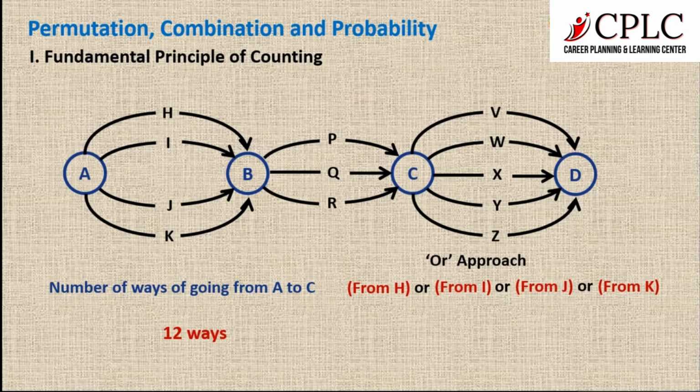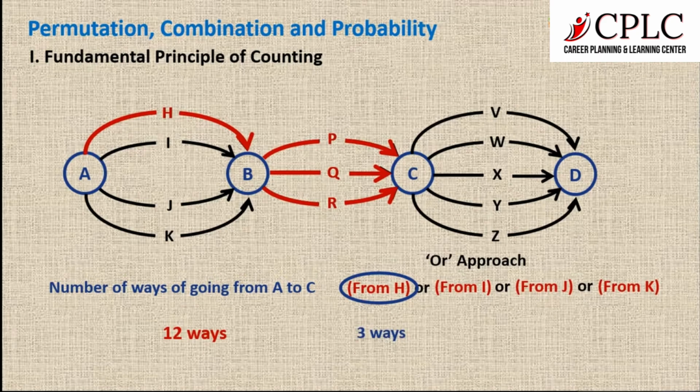So city A to B, only road H, which is just one possibility. But once you arrive at B, there is no restriction. From B to C, you can utilize all three of P, Q, R. So 1 into 3, hence from H going from A to C, there are three possibilities.